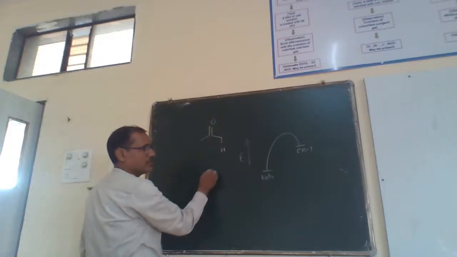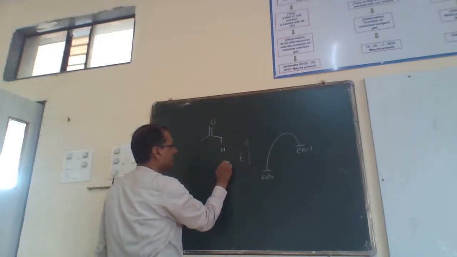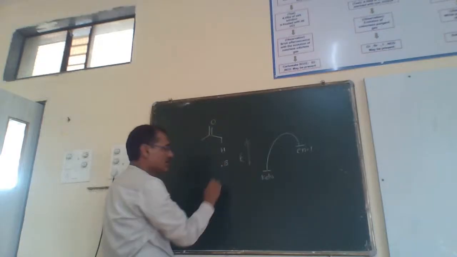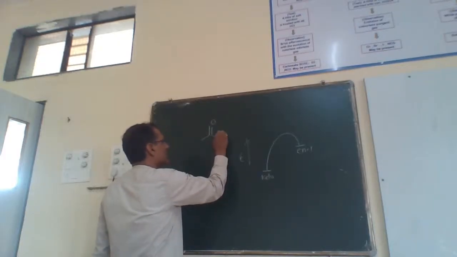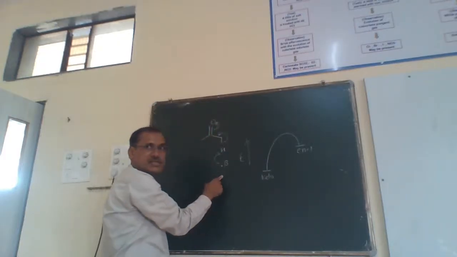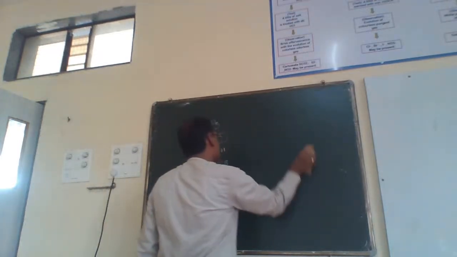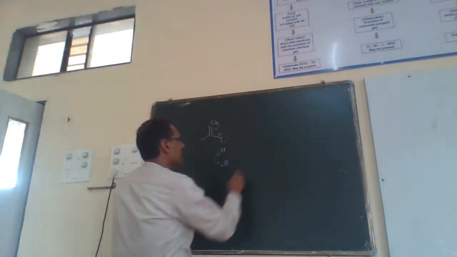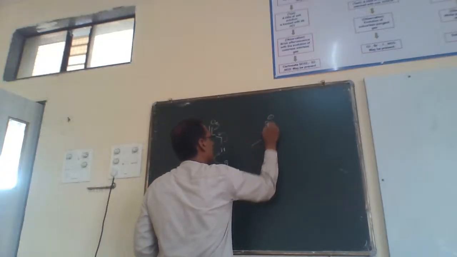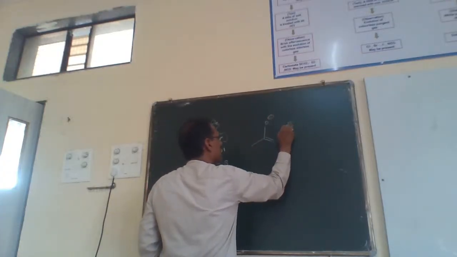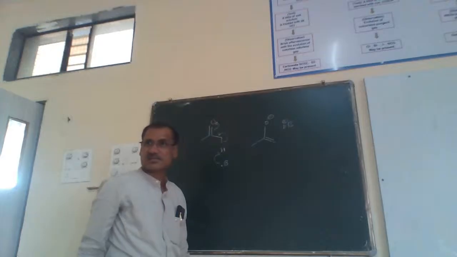How can you help it? For example, if you use some base, it will take this proton and convert it to this, and in doing so you will get O minus, C=O, BH plus.